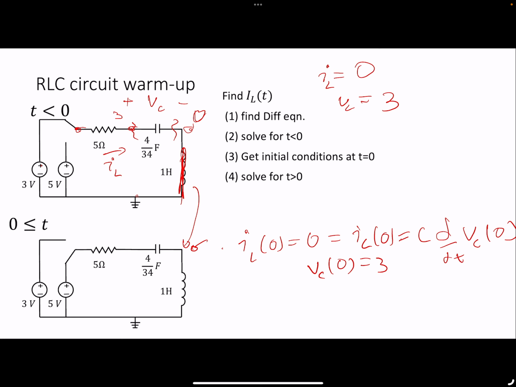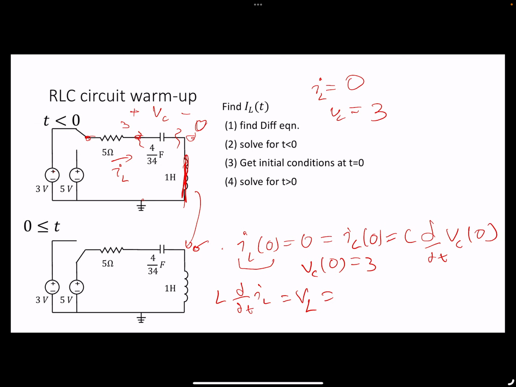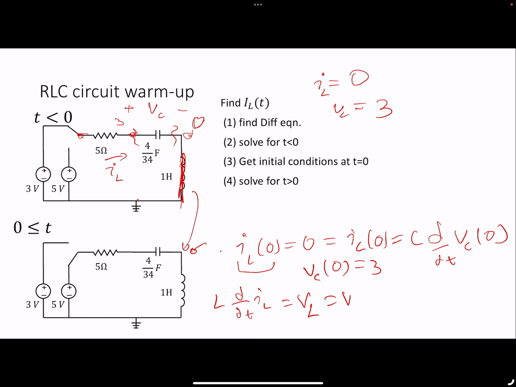Now, if I needed an initial condition for d/dt of IL, well, I know that L dIL/dt is equal to VL, and that's really equal to V in minus VR minus VC. Now, VR is actually equal to R times IL.